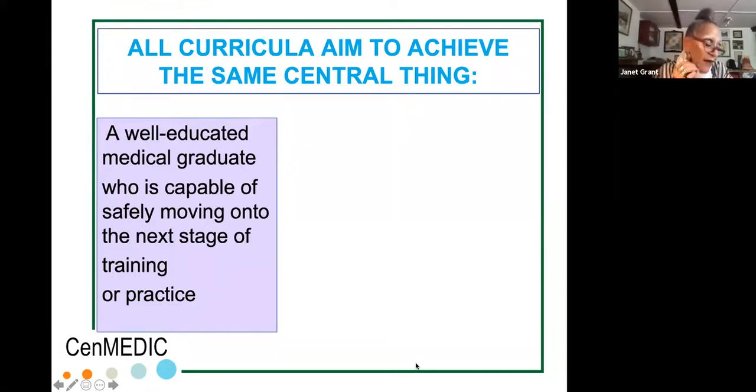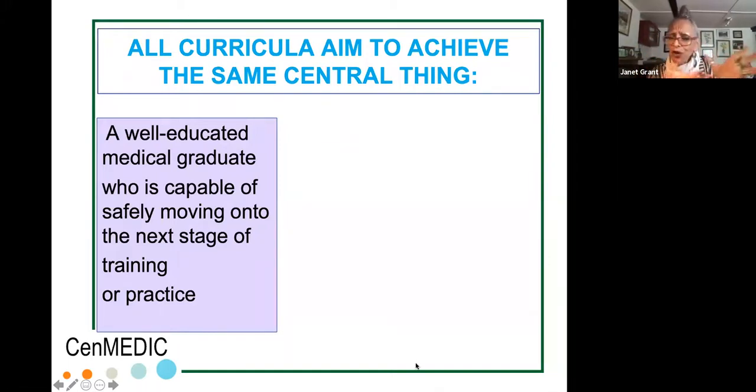So, for all these differences, there are those similarities in the main functions, and they all try to achieve the same central thing, which is a well-educated graduate who is capable of moving safely onto the next stage of training and practice.